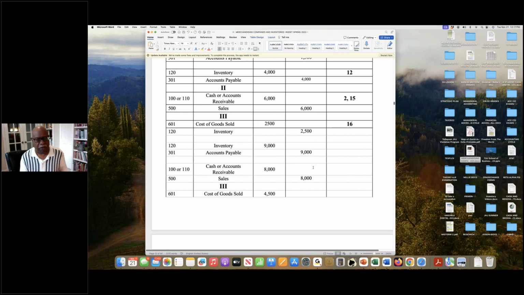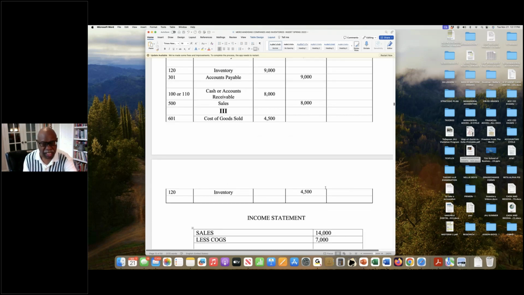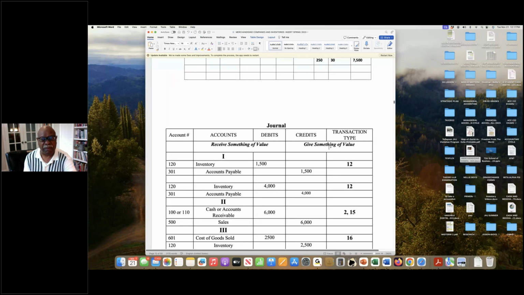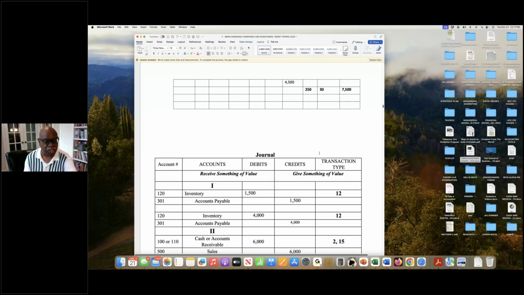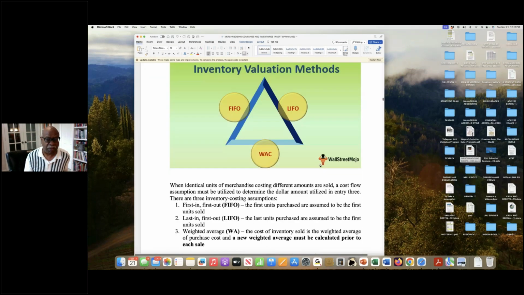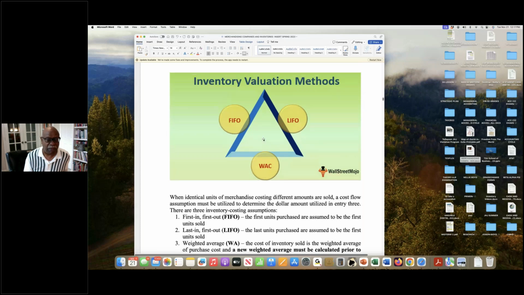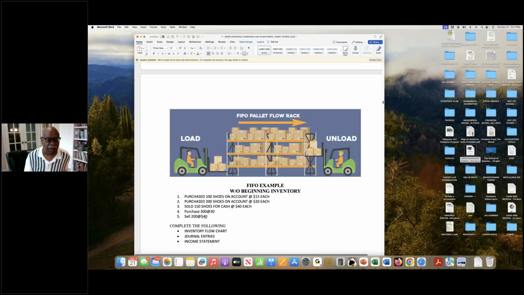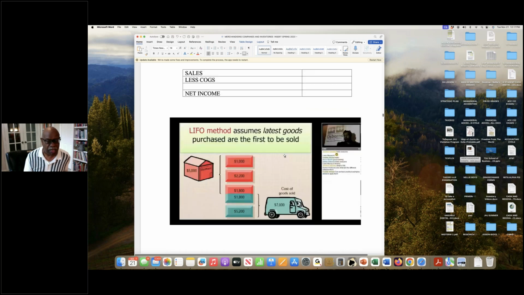But those are inventories, and so this is the last thing you got to learn this semester, inventories. For the C students, you just got to learn FIFO, first in, first out. For the B students, you've got to learn first in, first out, and LIFO. And in the LIFO, we're simply selling the newest ones first.